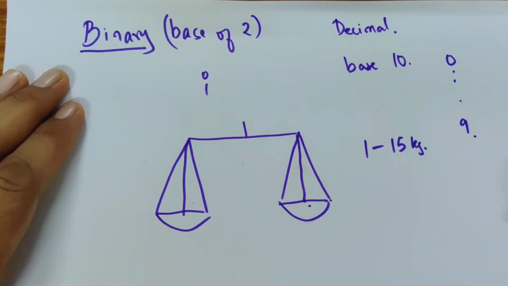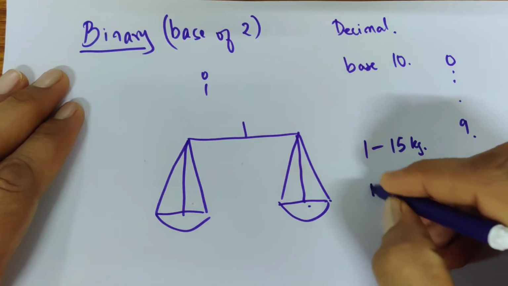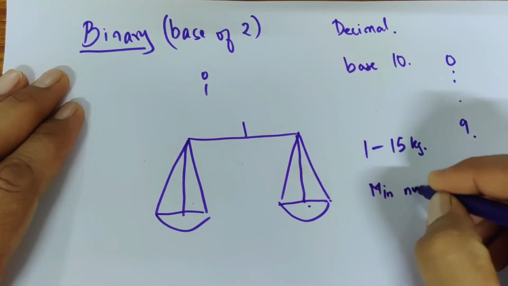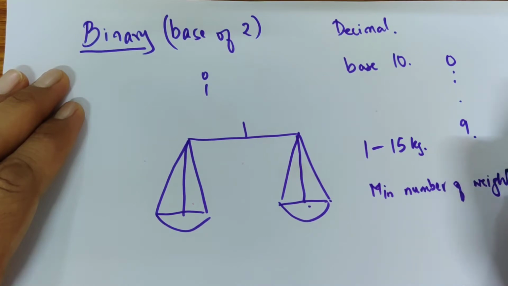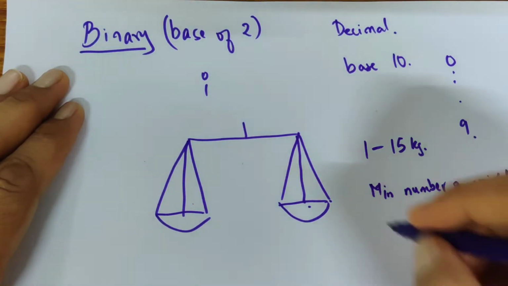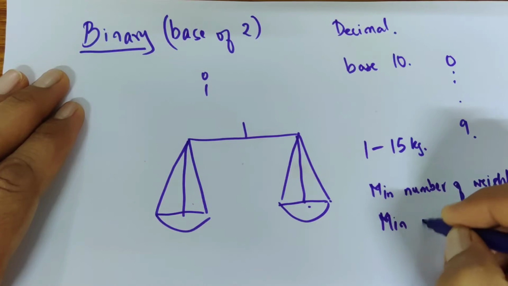And my constraints are that I want to have a minimum number of weights. So if I want to have only 3 weights or 4 weights or 5 weights, the minimum number of weights. And minimum mass of the weights.